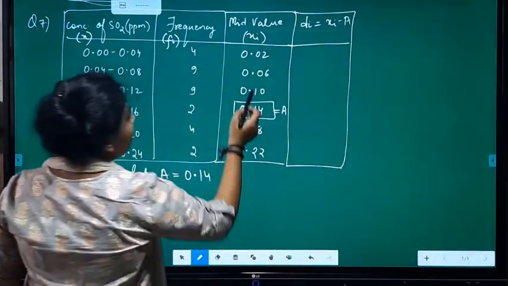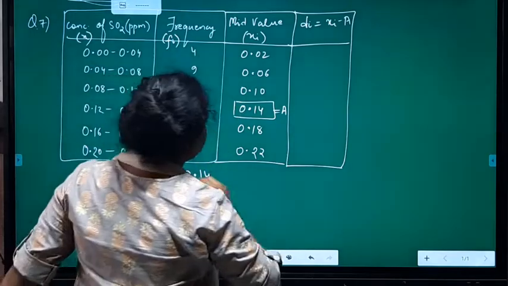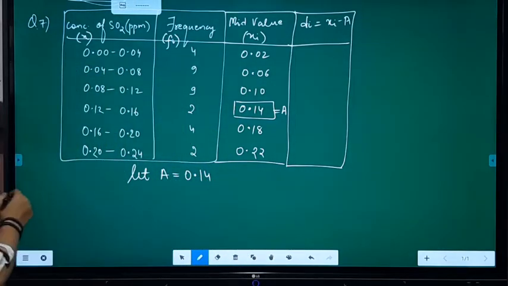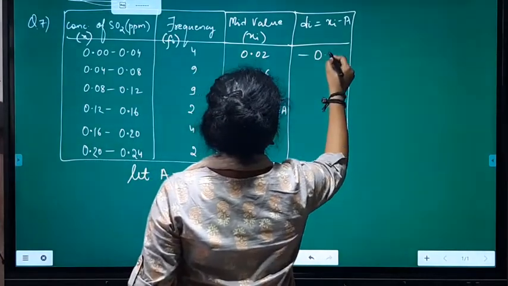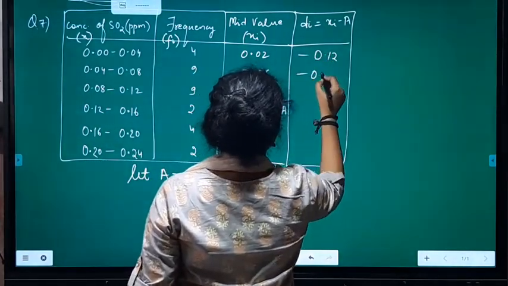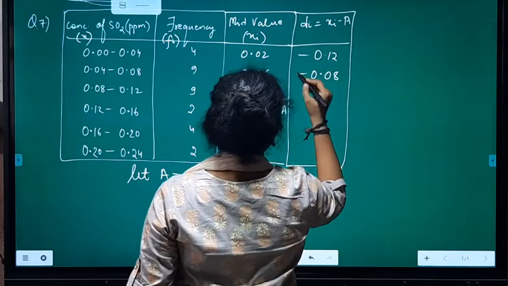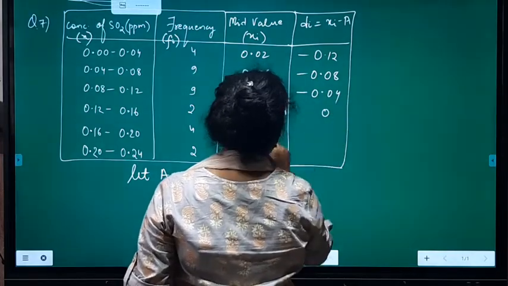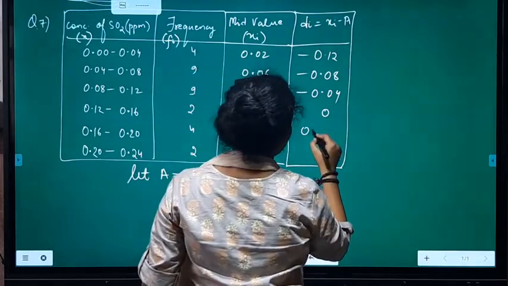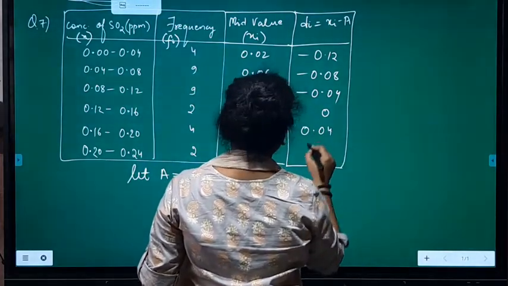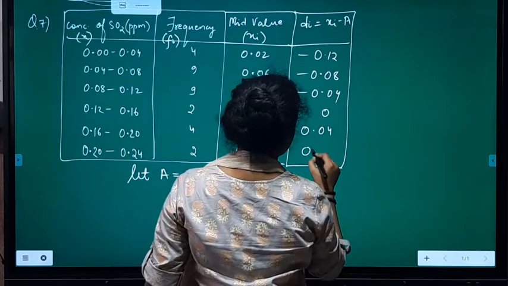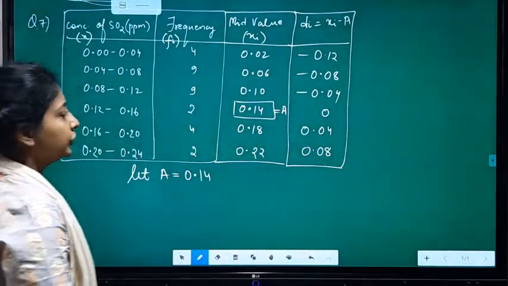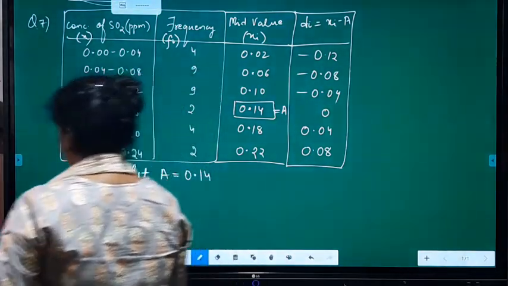So, 0.02 minus 0.14 will give us minus 0.12. This will give us minus 0.08. This will give us minus 0.04. This will be 0. This will be 0.04. And then we have 0.08.